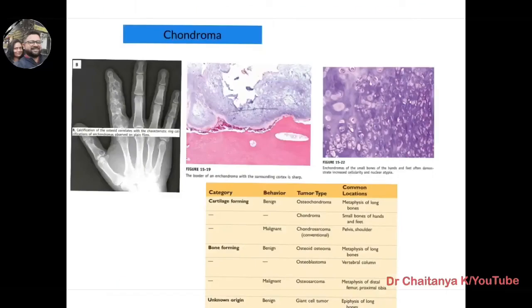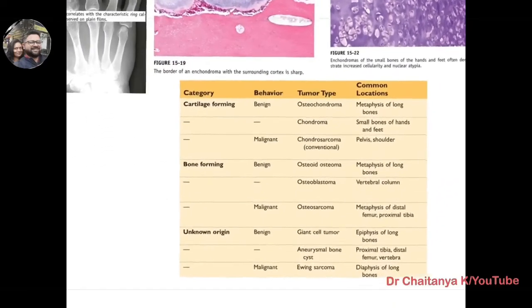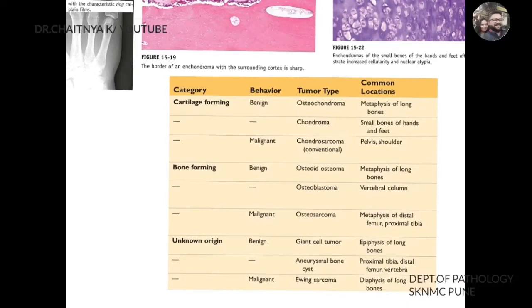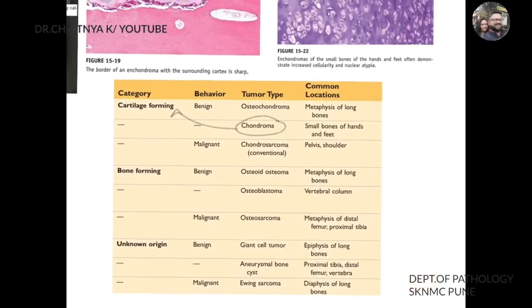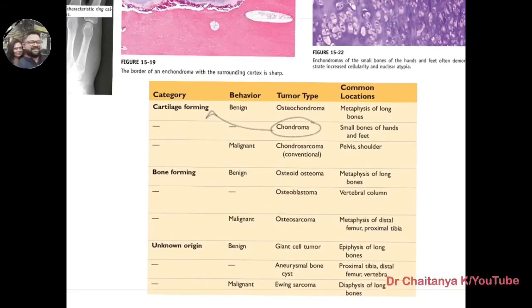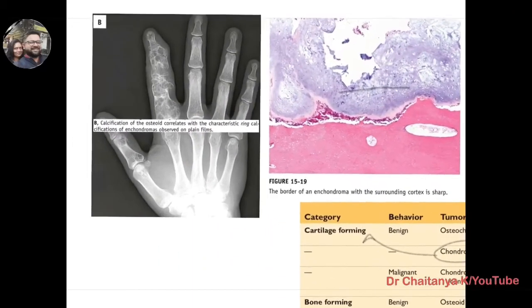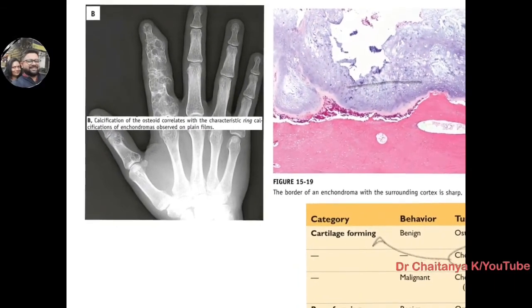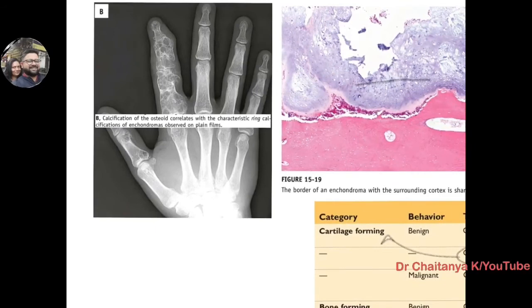Chondroma, if you remember from the tumor classification, is one of the tumors which is cartilage forming, and it is from the small bones of the hands and feet. Here you can see this X-ray showing calcification in the small bones, showing ring calcification.